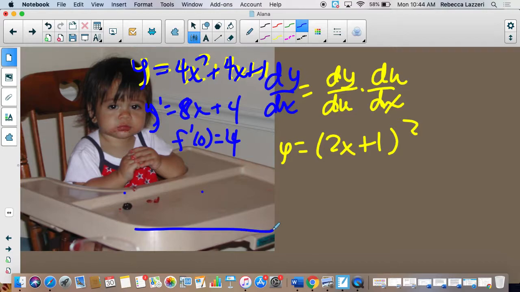If I fill in 0, I get 1. If I fill in 1, it shoots me all the way up to 9. If the vertex is at negative 1/2, negative 1/2 gives me 0. And so it's going like this.